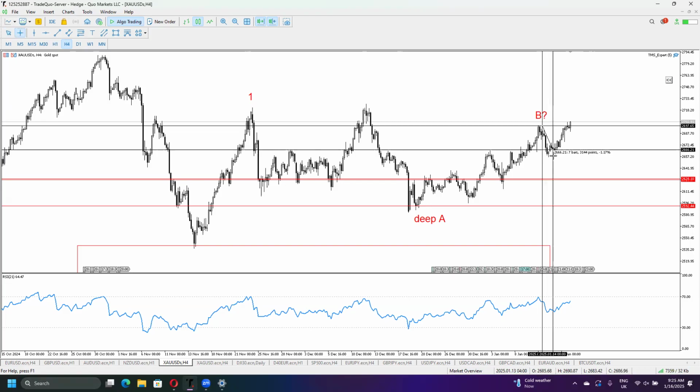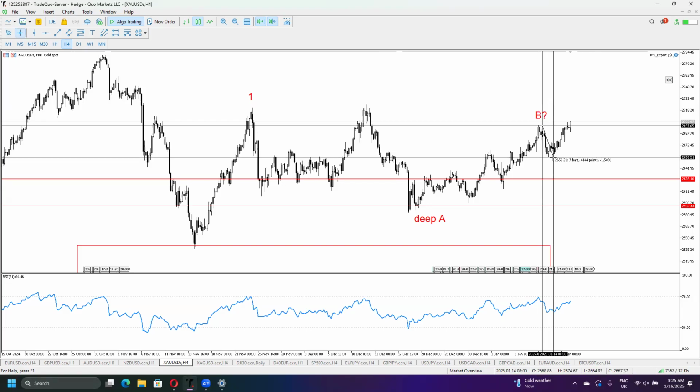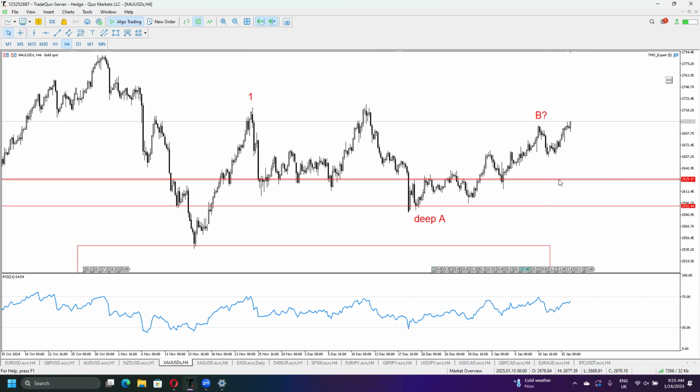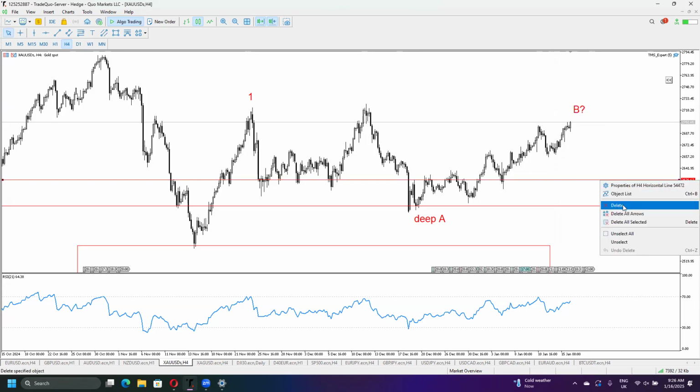After that, this down movement somehow stopped halfway to the geometric cluster we created for the flat correction here. And right now the price hit the local top. Nothing has changed. All we need to do is just to move the B to the right side and just move our geometric cluster a little bit higher.